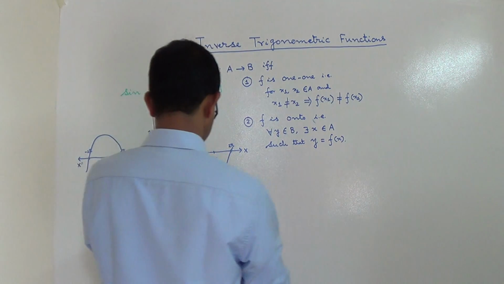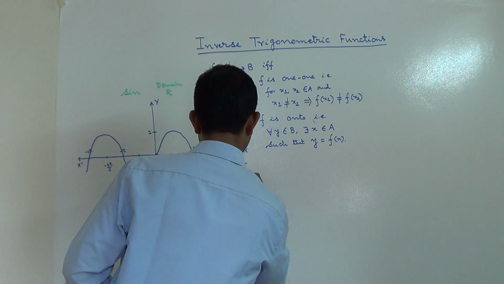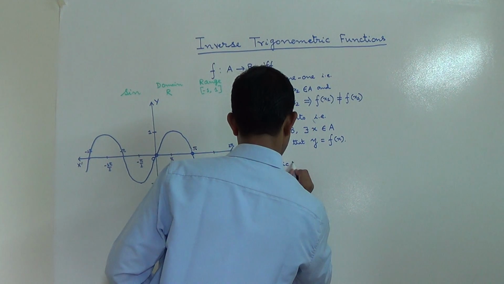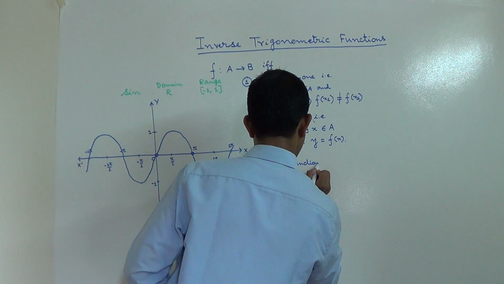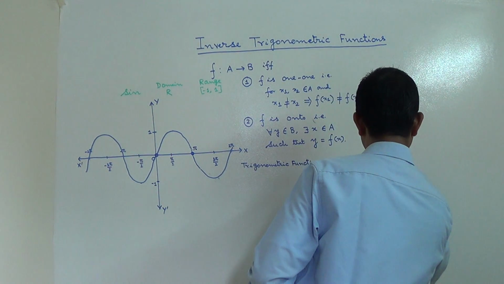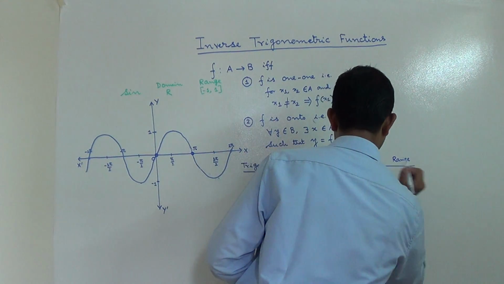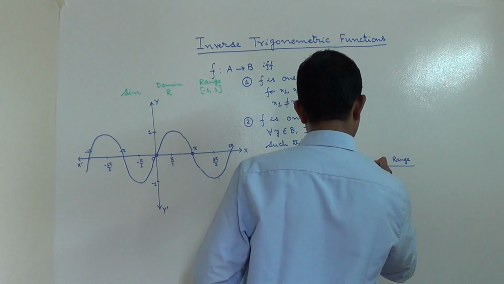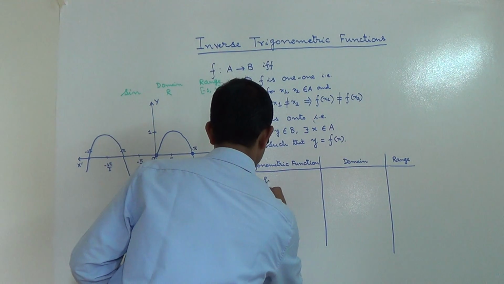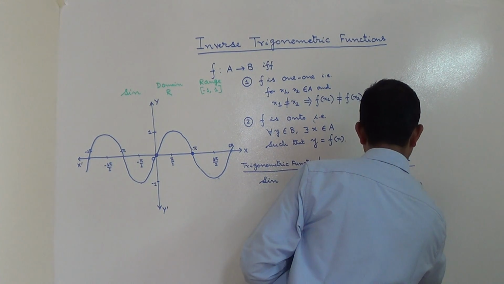So if we see the trigonometric functions and their domain and range, for the function sine, the domain is the set of real numbers and range is the closed interval -1 to 1.